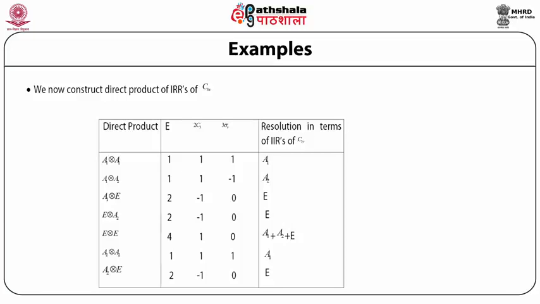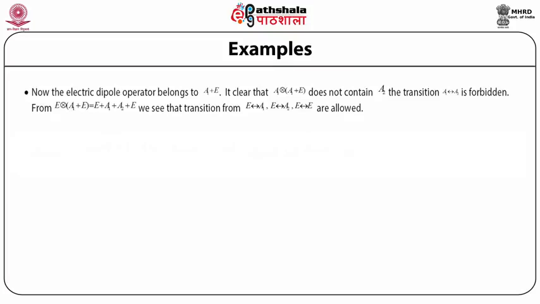What we learn from this is that since the electric dipole operator has components x, y, z, which belong to the representations A1 and E, the electric dipole operator belongs to the representation A1 plus E. It is now clear that A1 cross A1 plus E does not contain A2, therefore the transition A1 going to A2 is forbidden.